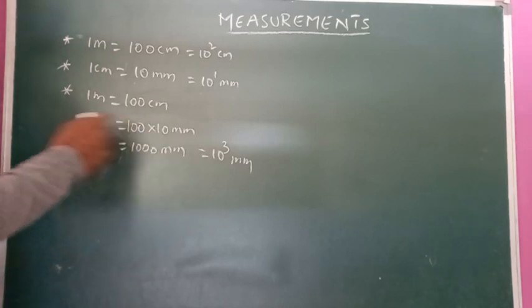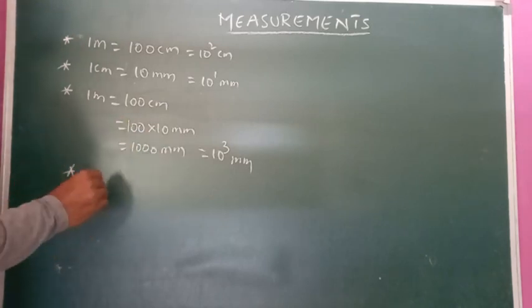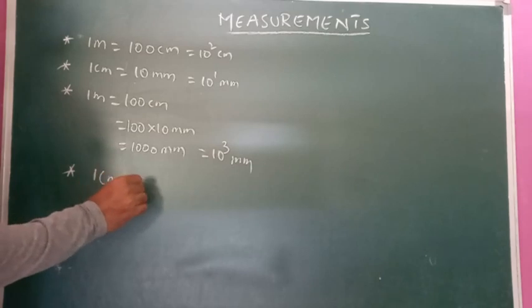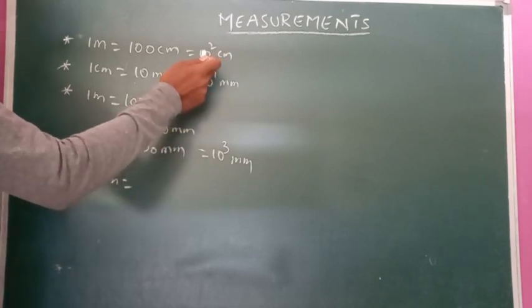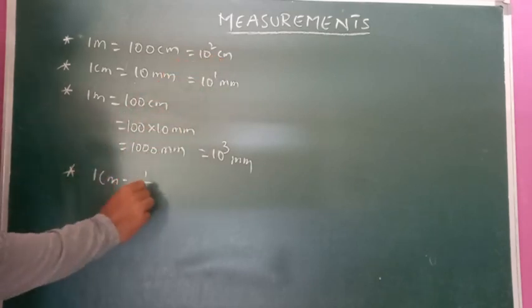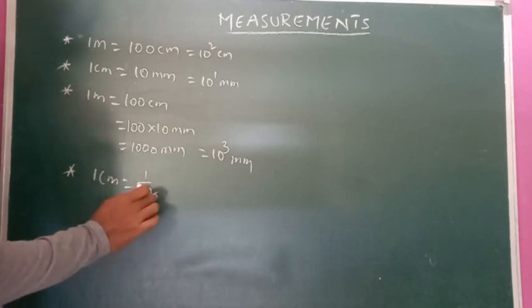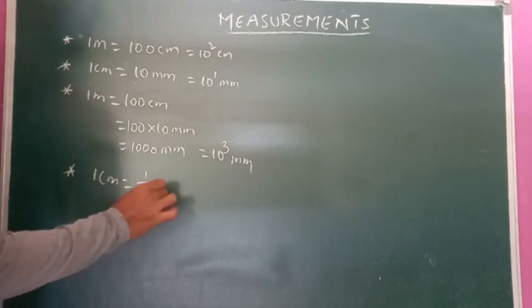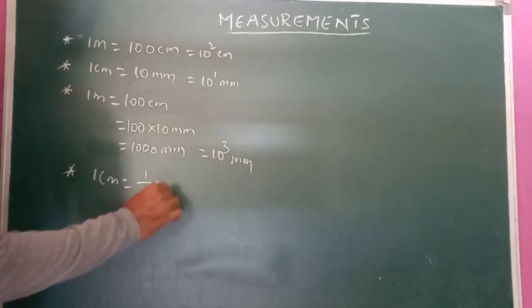And if we need these values in reverse, that means 1 centimeter is equal to 1 by 10 power 2, that means 1 by 100 meters.